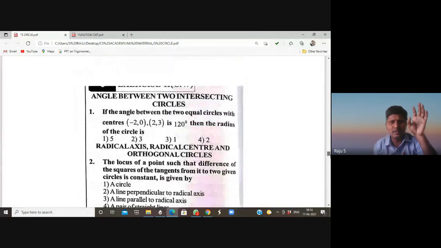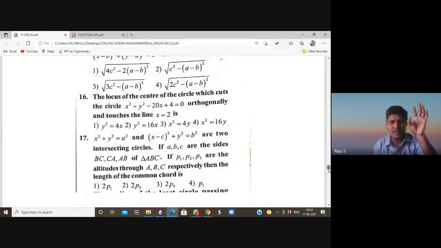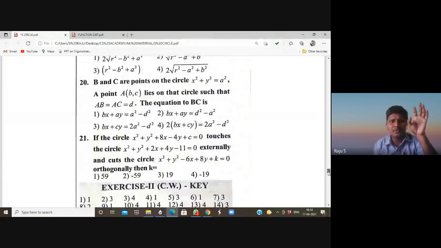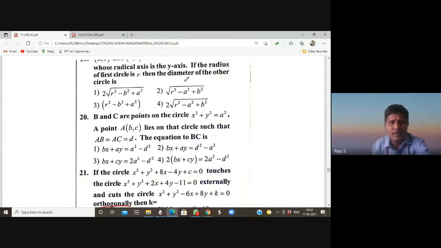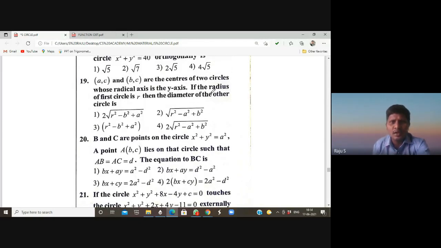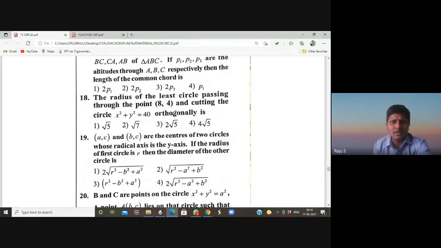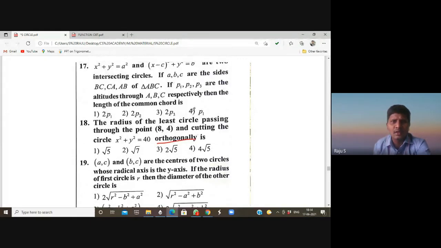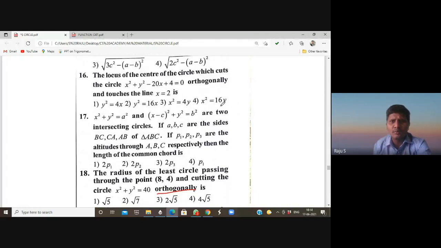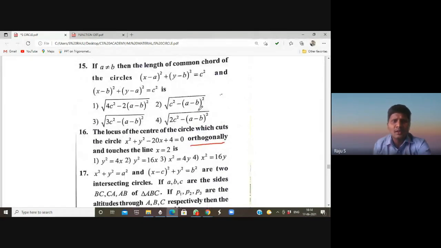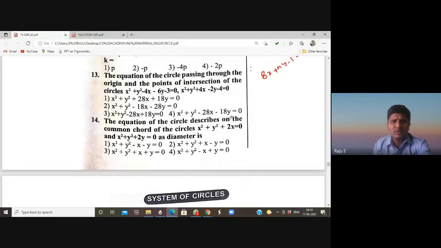For example, we are discussing classwork here. Observe here, it is orthogonally. Next questions, let us see some questions here: circle orthogonal condition. Almost all are orthogonally.